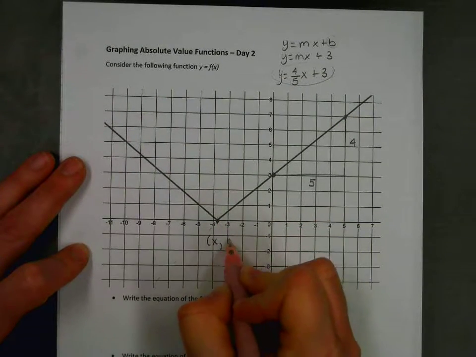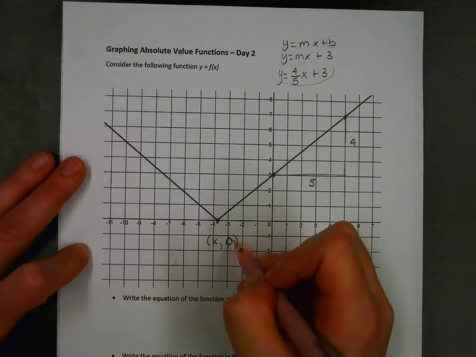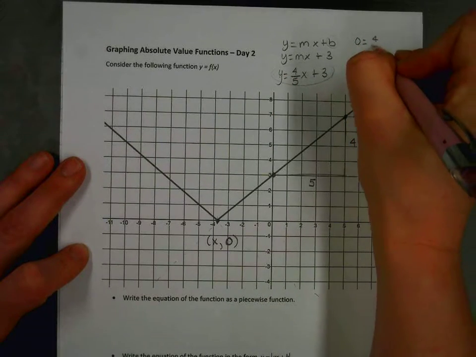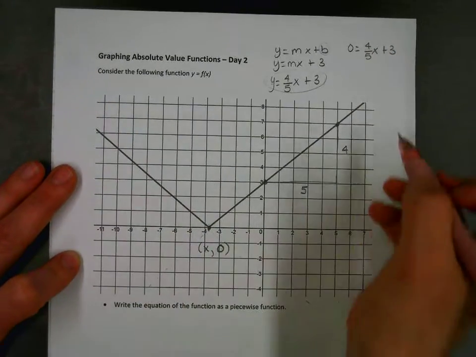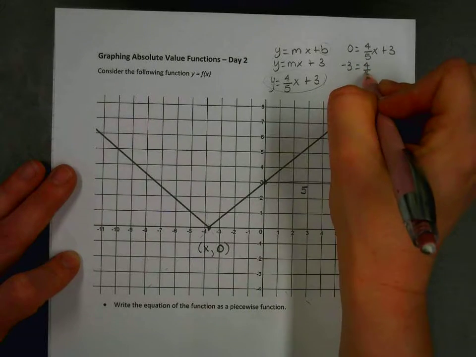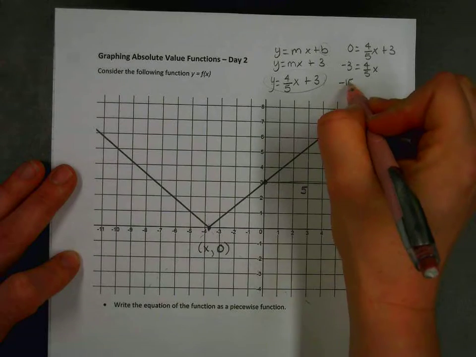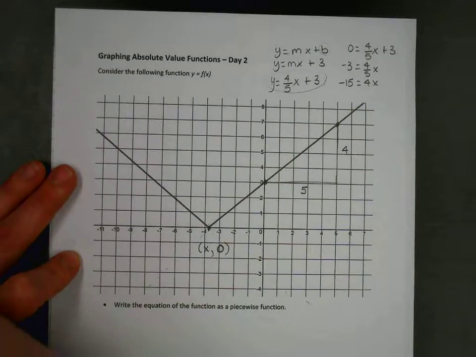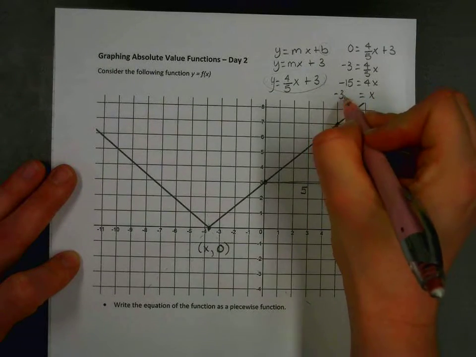So I'm now going to substitute 0 in for my y value and solve for x. I'm going to subtract 3 from both sides. I'm going to multiply by 5. And then I'm going to divide by 4. So my x-intercept is negative 3.75.